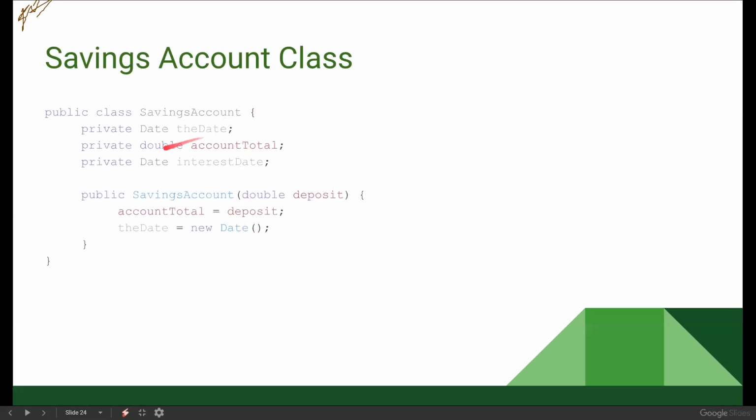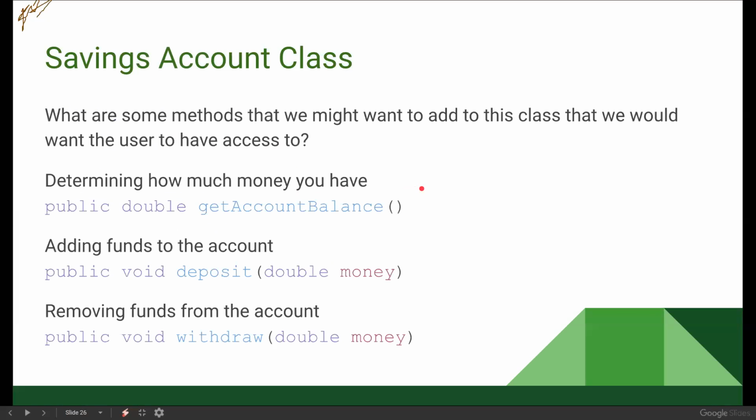Should they be able to change the date that they started? No, it doesn't make sense for them to be able to change when they open the account. So we should be able to withdraw money, deposit money. And let's say we want to just let them know how much money they have.